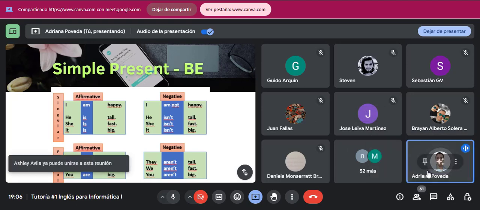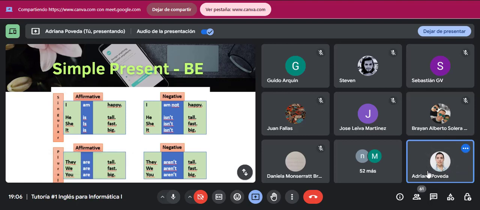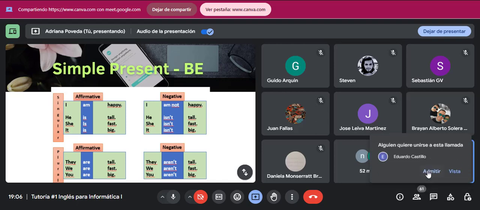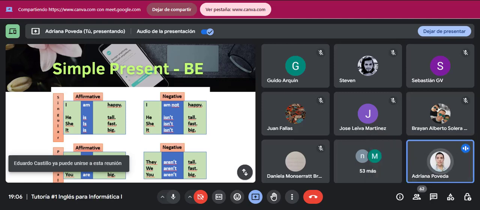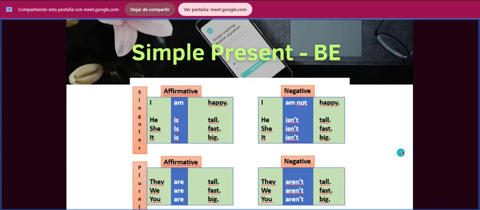In the case of the plural forms, we will say they aren't tall, we aren't fast, and you aren't big. Okay, those are some examples on how we can use the verb to be in affirmative and negative sentences.